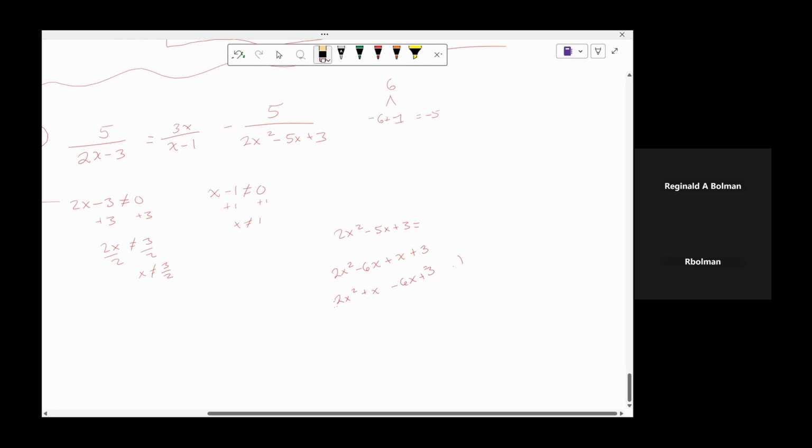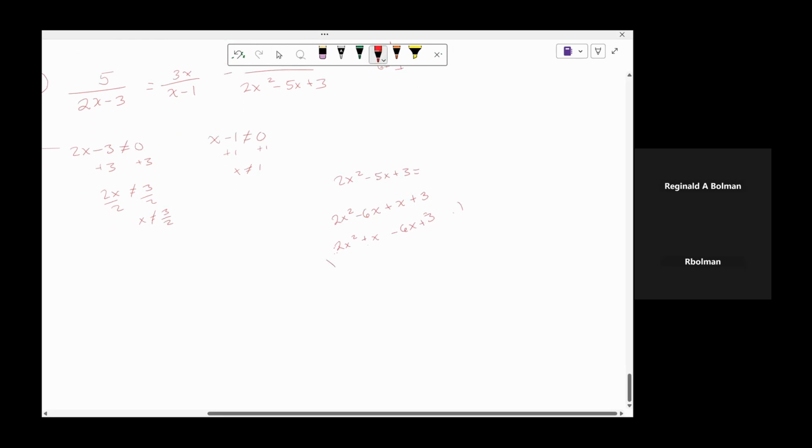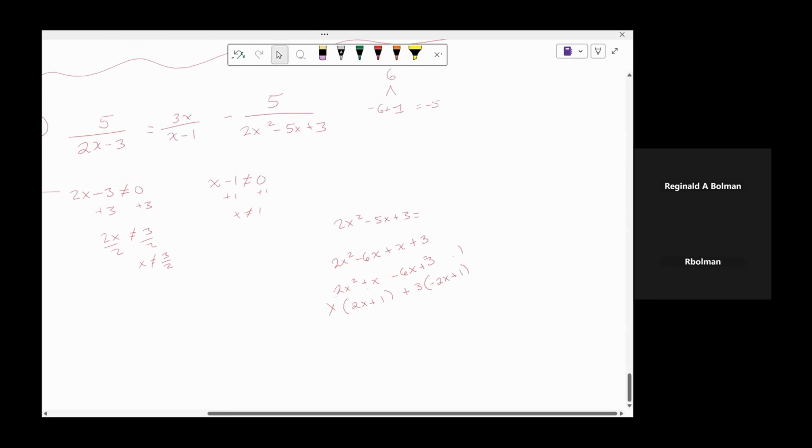And then from here, you might try pulling out your x, so you'd get a 2x plus 1 here. And from this, you might pull out a 3, and you'd have a -2x plus 1. But the only problem is that pesky negative symbol, -5x plus 3. And it is, in fact, in your denominator for the number itself.